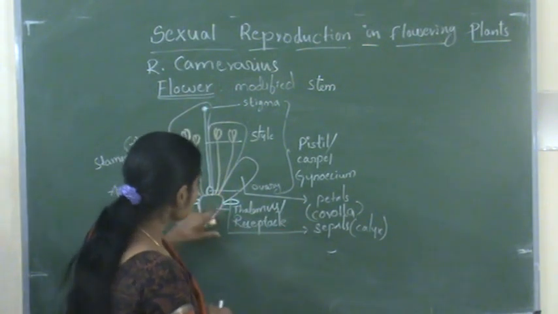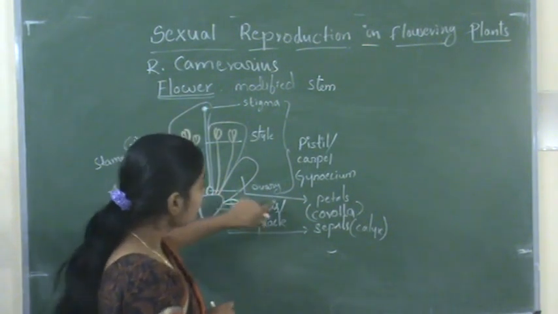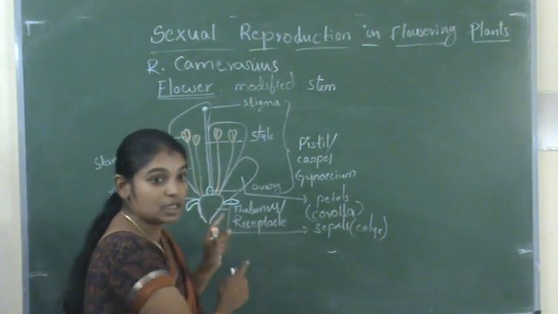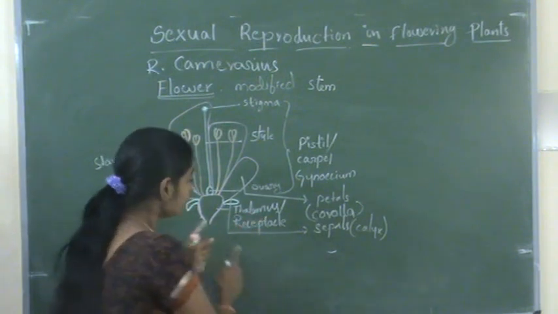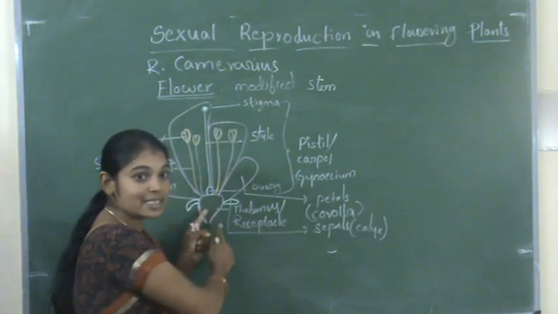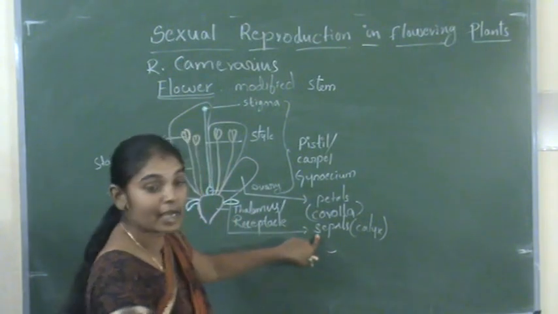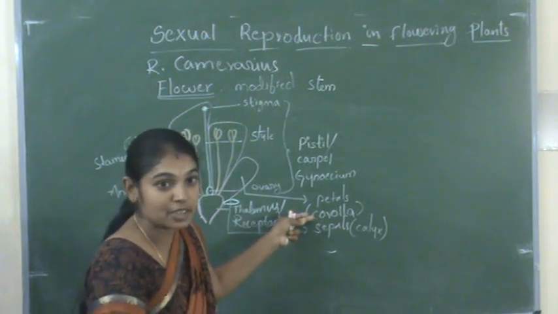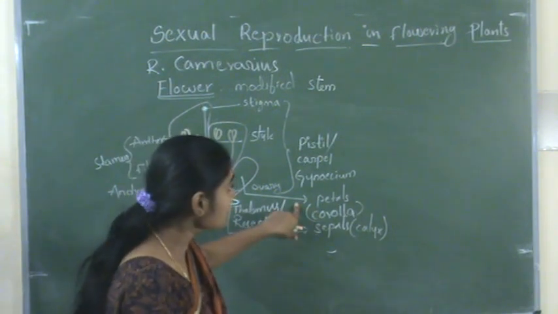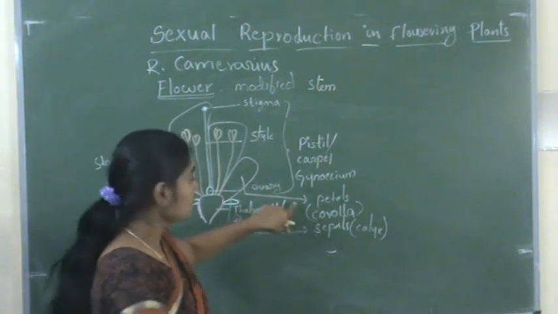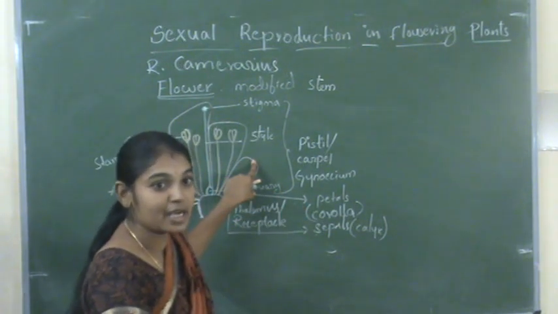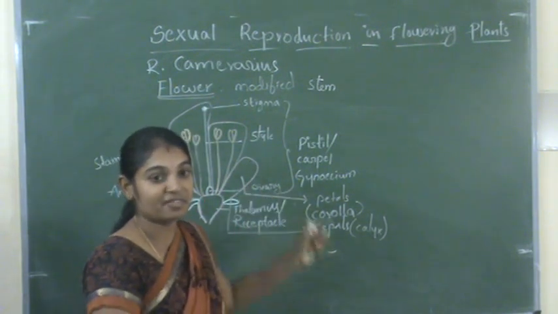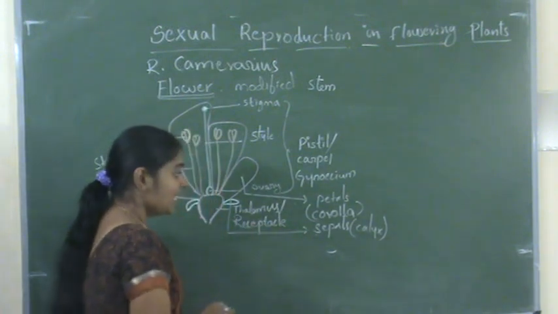So if you see now, a total of 4 whorls are arranged on the thalamus or receptacle. From outer to inner, the outermost whorl is calyx, which has sepals, and inner to the calyx is corolla, having petals, and inner to the corolla are stamens or androecium, and the innermost whorl is gynoecium, which is the female reproductive part.